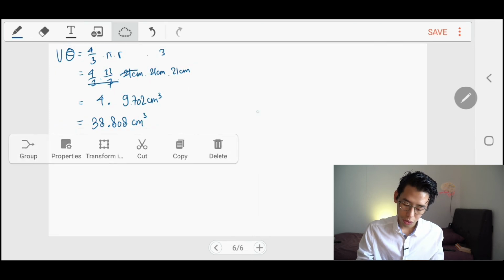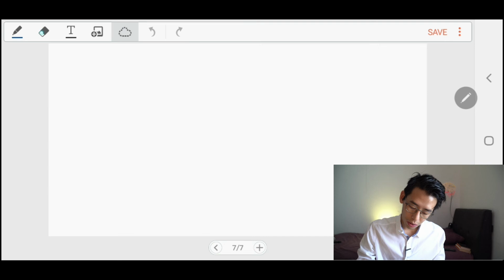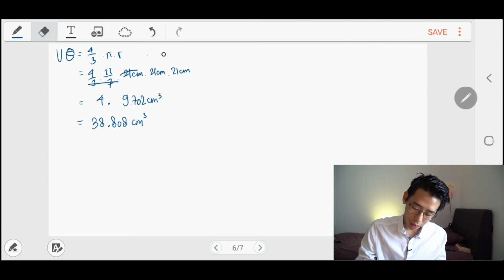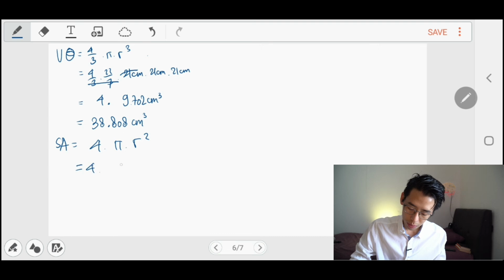Okay, so move on to the next one about how we calculate the surface area of a sphere. Surface area is 4 times π times r squared. So 4 times 22 over 7 times 21 centimeter times 21 centimeter.